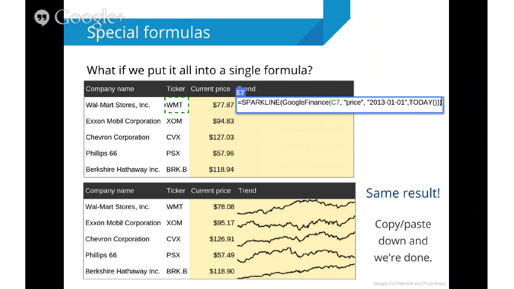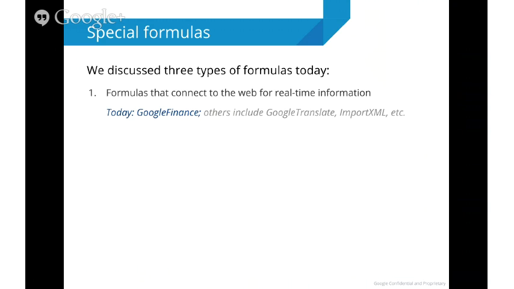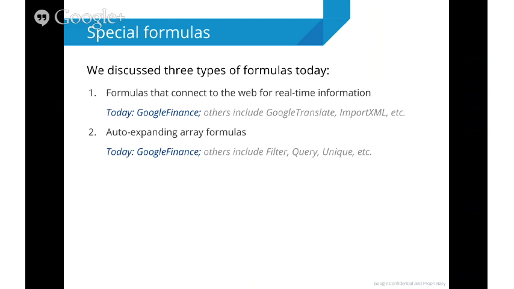So just to recap, we went through 3 different types of formulas. Next slide. The first one, again, was formulas that connect to the web for real-time information. Google Finance is the one we talked about today. Google Translate also uses Google's translation engine to translate any text to any other language, and Google's translation engine improves all the time, so it's pretty up to date.